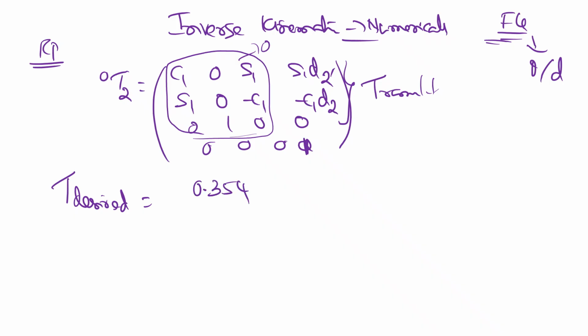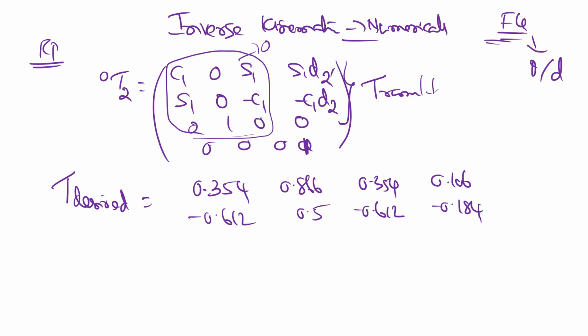The first row is 0.354, 0.866, 0.354, 0.106. The second row is minus 0.612, 0.5, minus 0.612, minus 0.184.